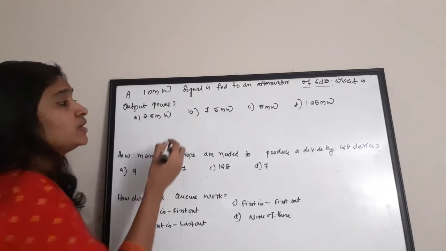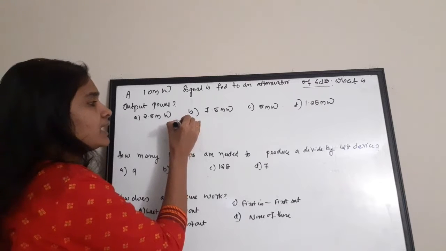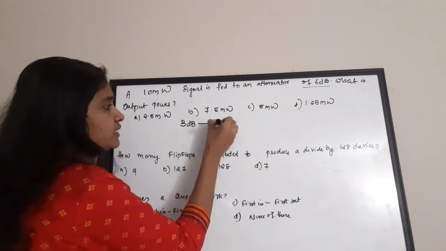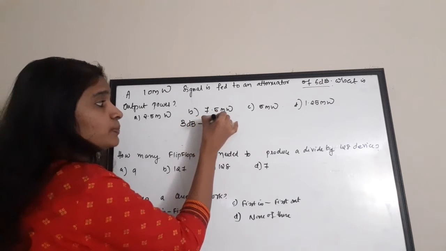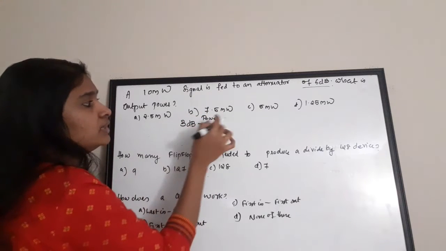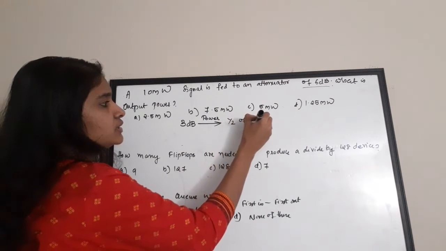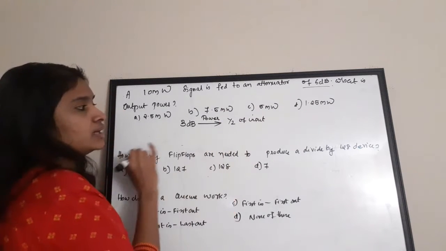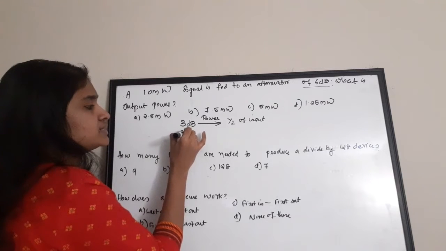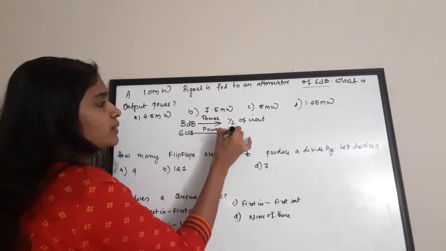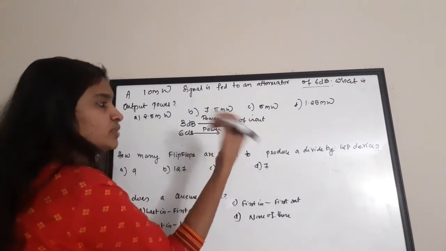Okay, so if the attenuator's dB value is 3 dB, then the power, we are talking about power, will reduce to half the value of input. That is the relationship. Now if it is a 6 dB attenuator, your power reduces to 1/4 of input.